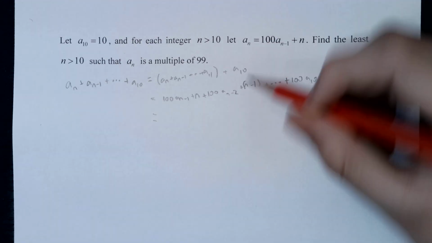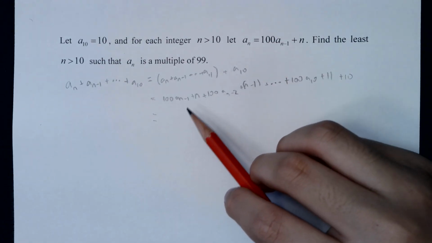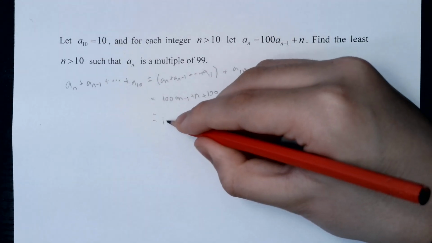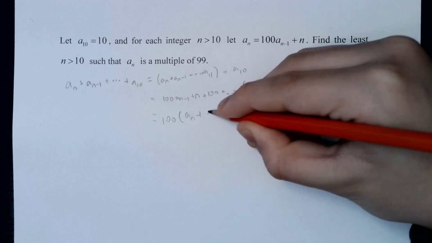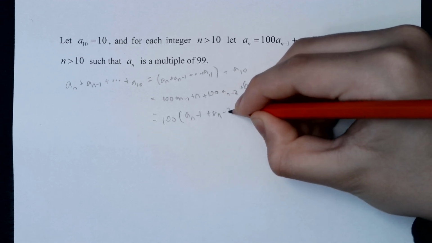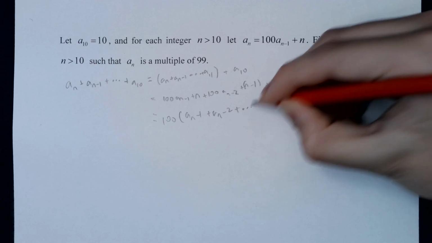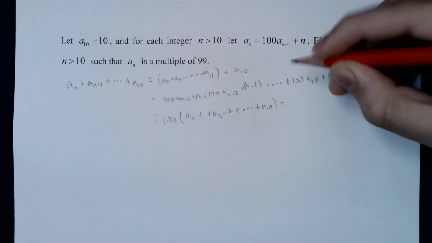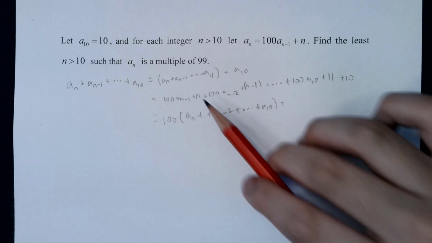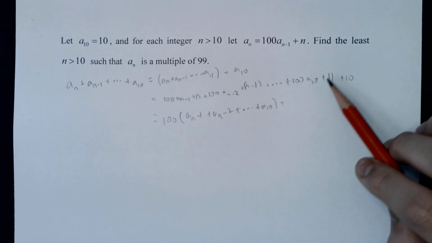Now we're going to put these into groups. So we group up all the 100 an minus 1, an minus 2, and we get 100 times an minus 1 plus an minus 2 plus dot dot dot all the way to a10. And then here we can look at the others. So we have n all the way down to 11 and 10.